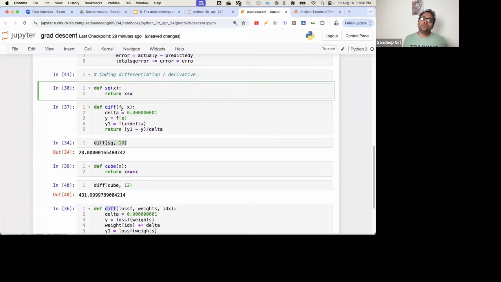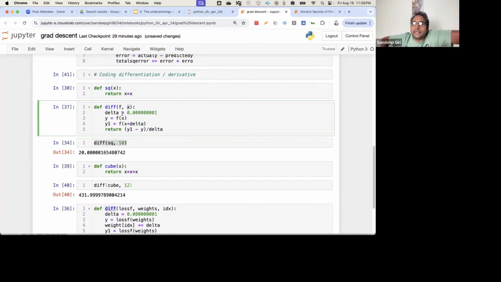So we define a function f which takes another function as an argument, and some value at which we have to calculate. This is numeric differentiation. We are saying when x is this, how much will be the rate of change? Got it?